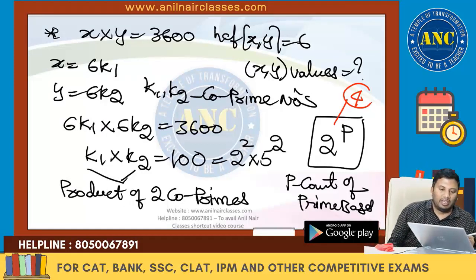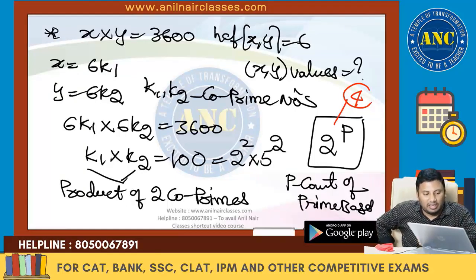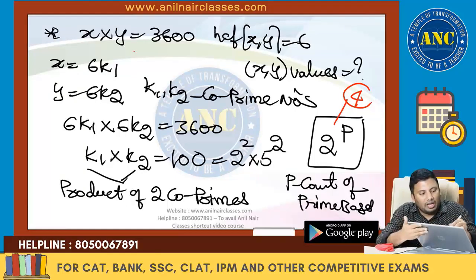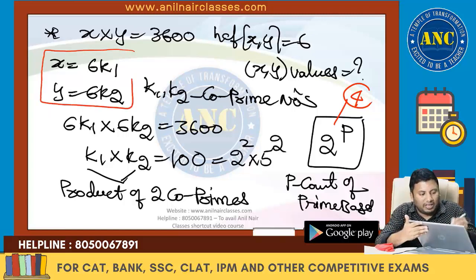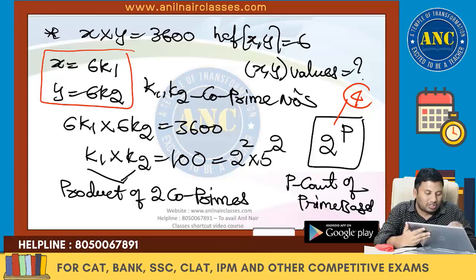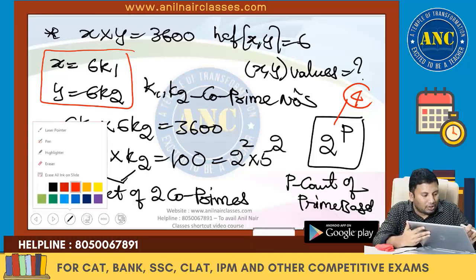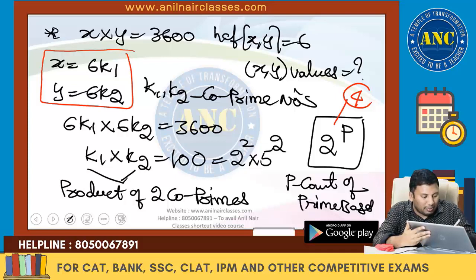x into y is 3600. HCF of x comma y is 6. x will be 6k1, y will be 6k2. 6k1 into 6k2 equals 3600, k1 into k2 is 100.